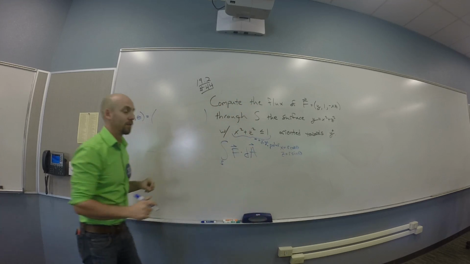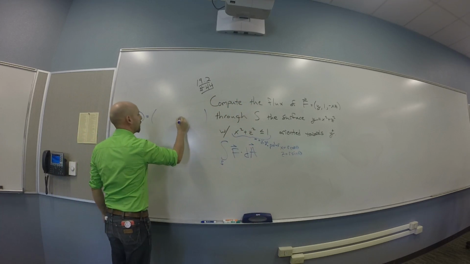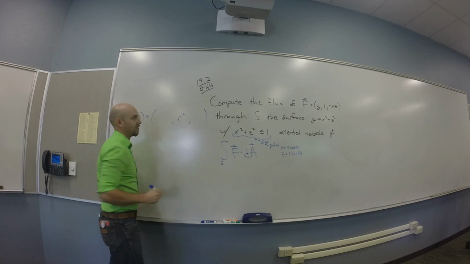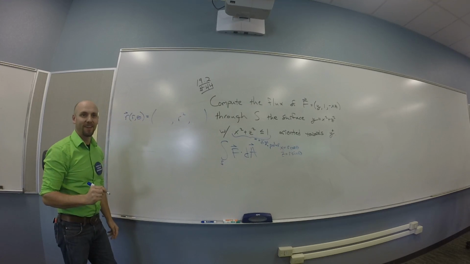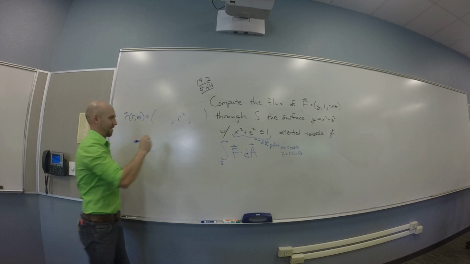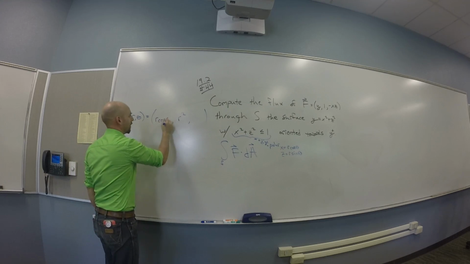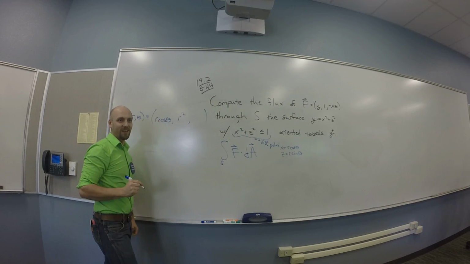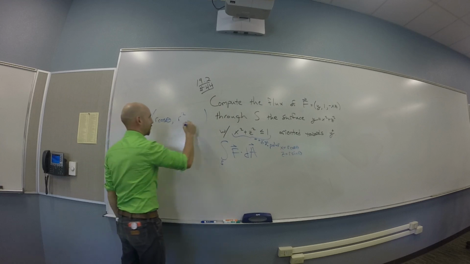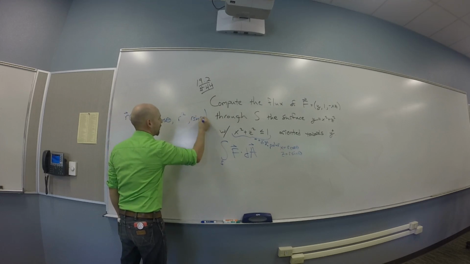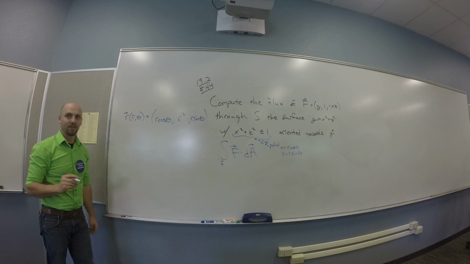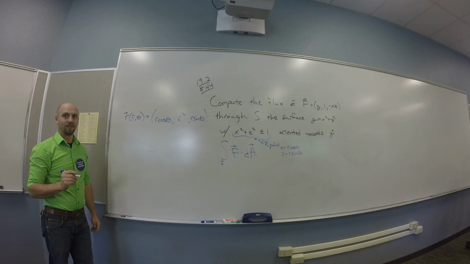R squared. And that's what goes in the y slot. What goes in the x slot? R cosine theta. What goes in the z slot? R sine theta. You guys see that? I see it now. Yeah.